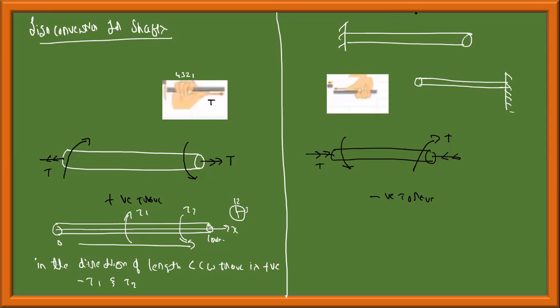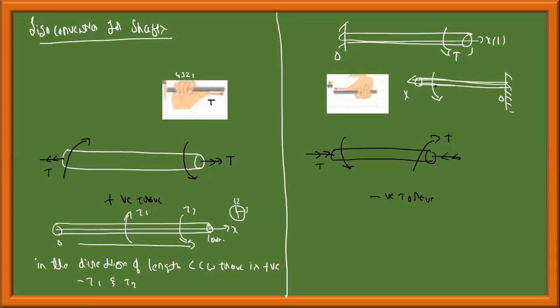In this case, the length is 0 to L. In the direction of length, this is length x or length L. In this case, this is your 0, this is your x. So in the direction of length, it should be positive. When you solve the problem, we'll come to know. In this case, this is a positive T.